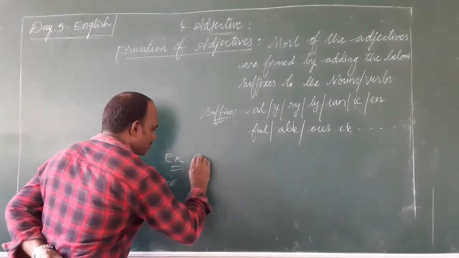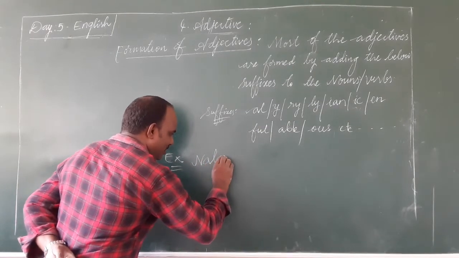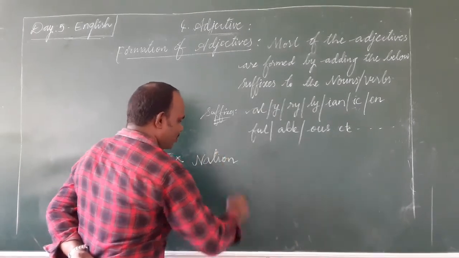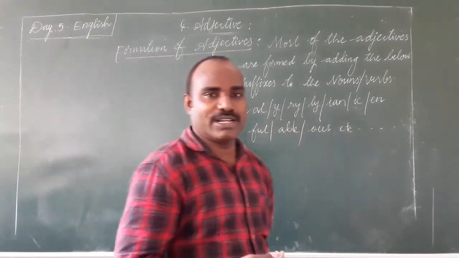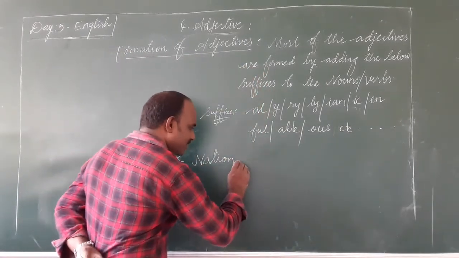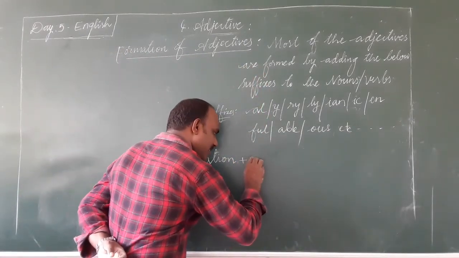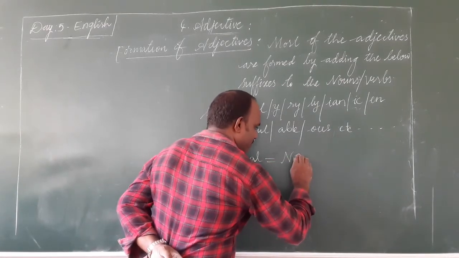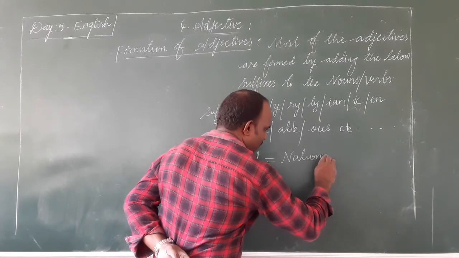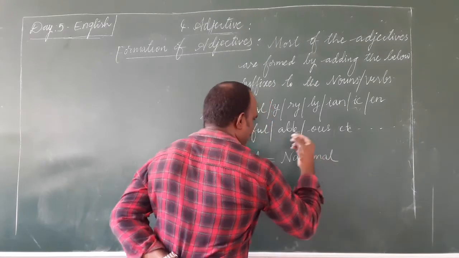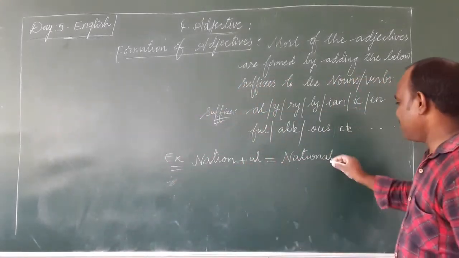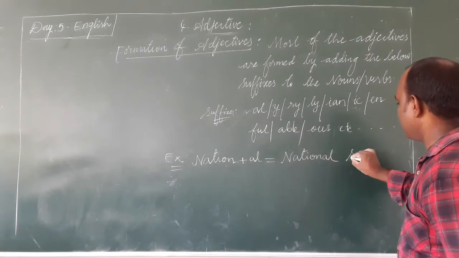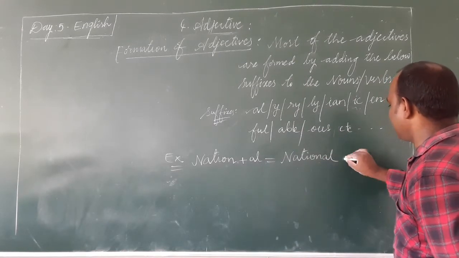For example, see the formation. Nation, N-A-T-I-O-N. Nation is a common noun. If we add AL, we can have national bird.